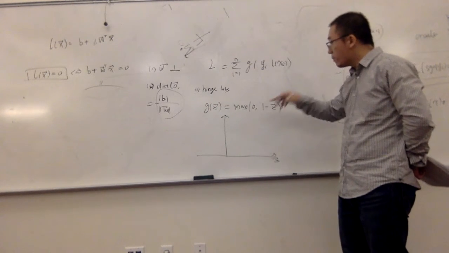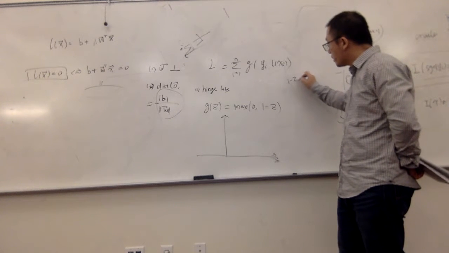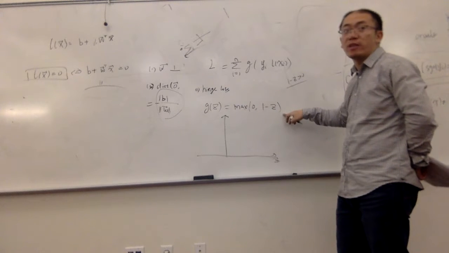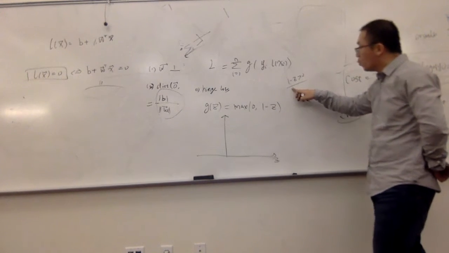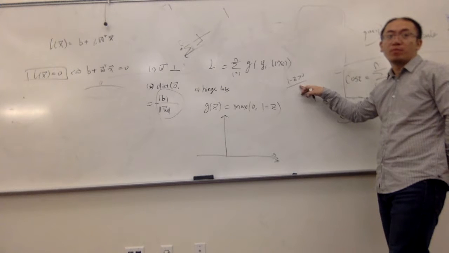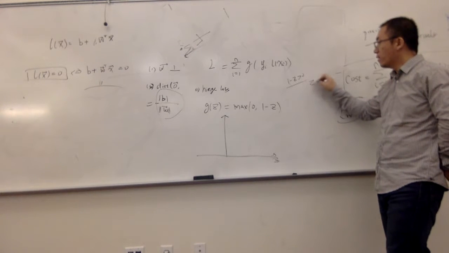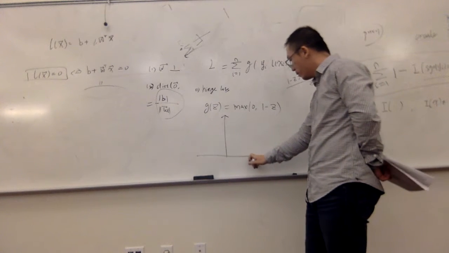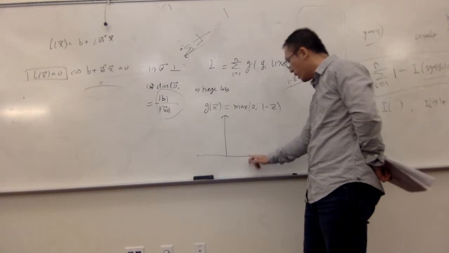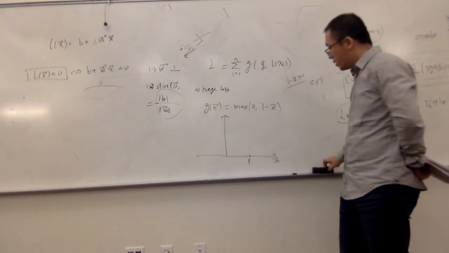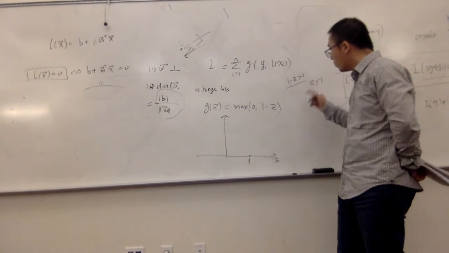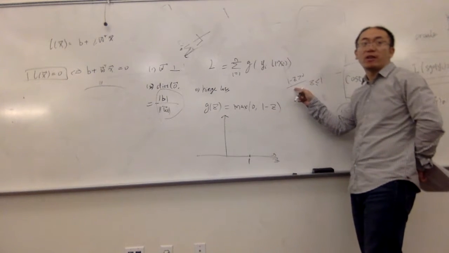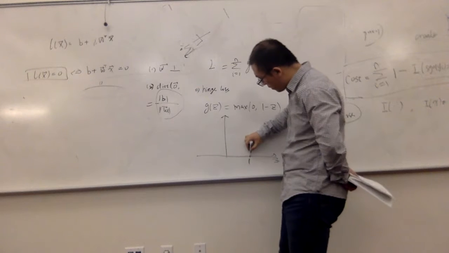We can imagine that when 1 minus Z is positive, then this maximum would be 1 minus Z. When 1 minus Z is positive, Z is less than or equal to 1. So we can put a mark, the 1 here. When Z is less than 1, this function becomes a linear function, 1 minus Z. So it becomes like this.